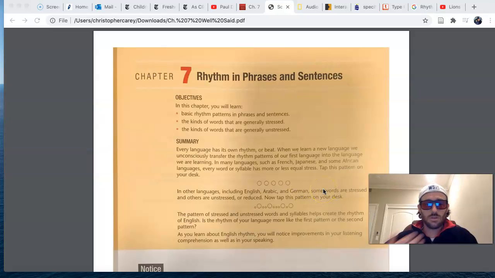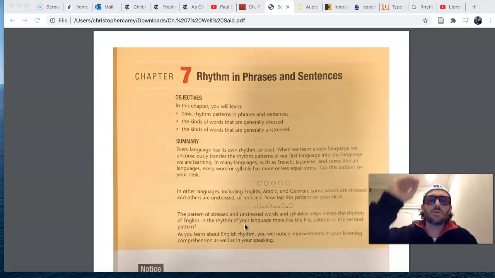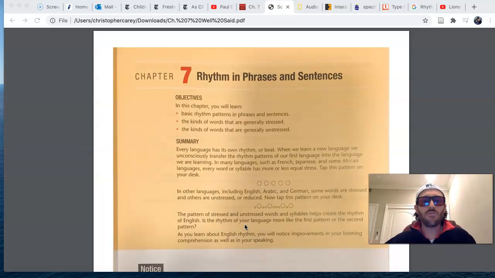Other languages, including English, Arabic, and German, some words are stressed and other words are not. They're reduced, right? So, bup, bup, bup, bup, bup, right? This up, down, stress, unstress pattern that we have. English certainly has that.